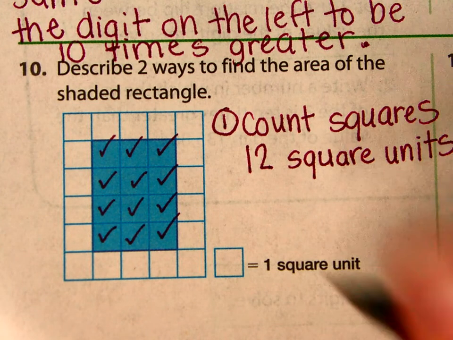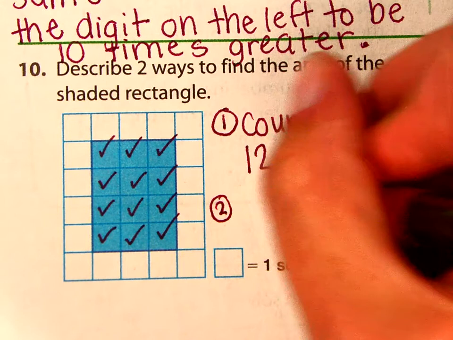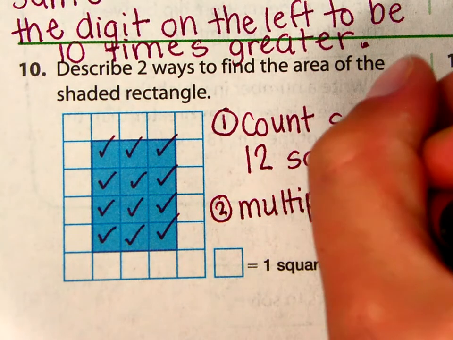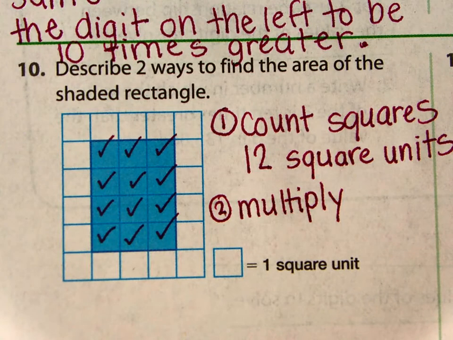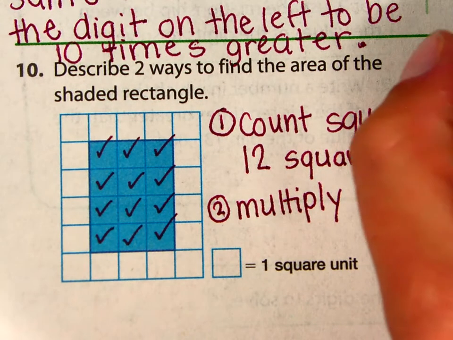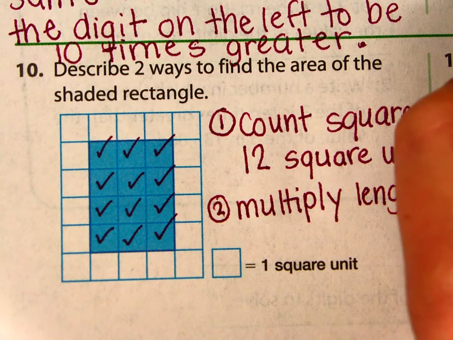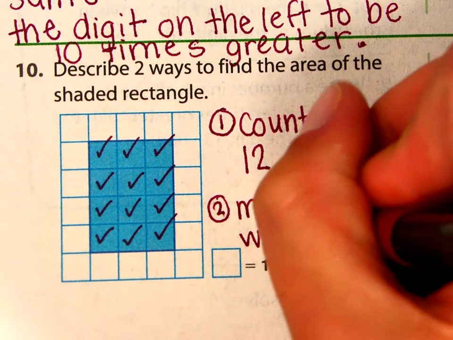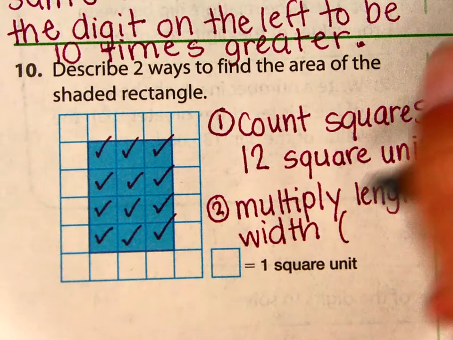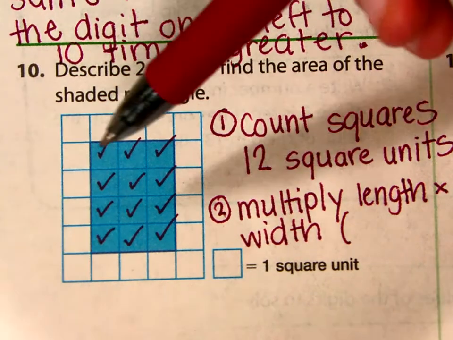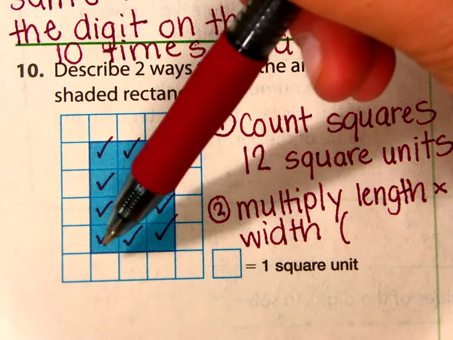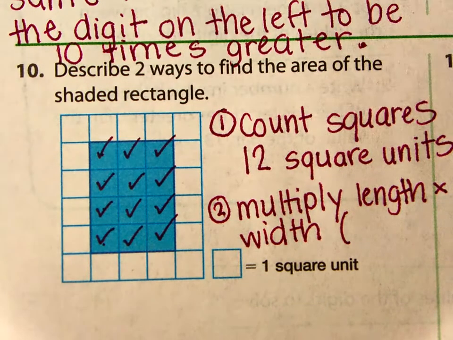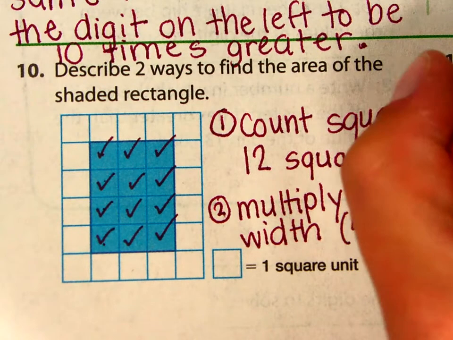Step 2. You can multiply. Then in 3rd grade, you should have learned these terms: the length by the width. That multiplication problem looks like this: 4 times 3.